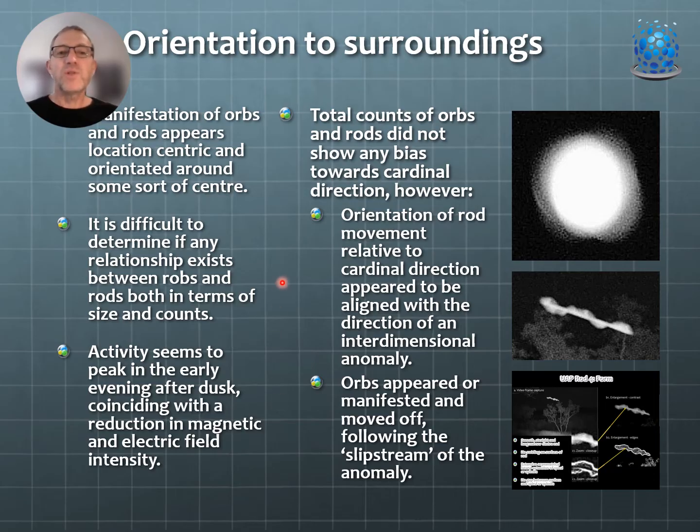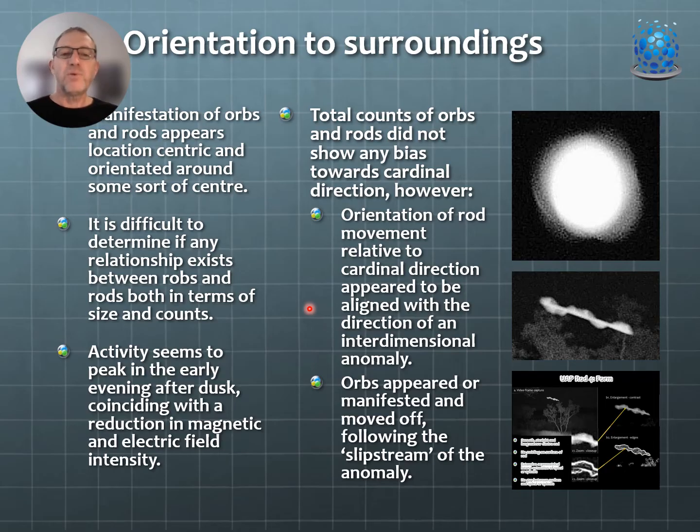Now, total counts of orbs and rods didn't show any bias towards the cardinal direction, but the orientation of movement relative to cardinal direction seems to be aligned with the direction of an interdimensional anomaly. Now, how did we know that? I'll have to talk another time about this, but we can see ghosting in the infrared camera, where manifestation of orbs hasn't quite occurred, but you can still see them wandering through this haze in the infrared camera.